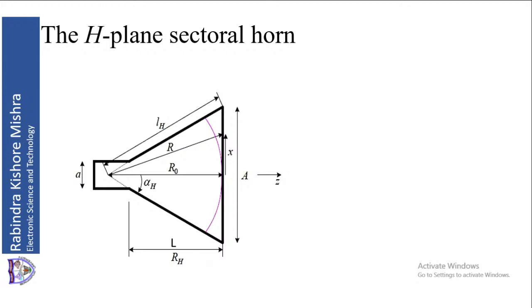Now from this you can always find out the phase difference delta. Delta will be equal to 2 pi by lambda into the path difference. The path difference at any point on the face of the antenna can be found by considering R minus R0.